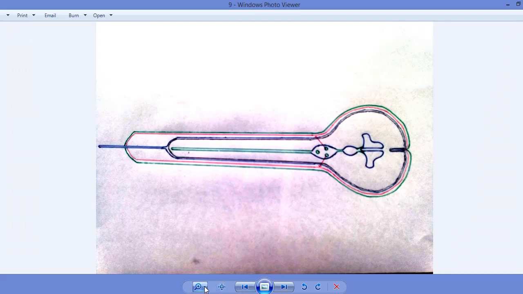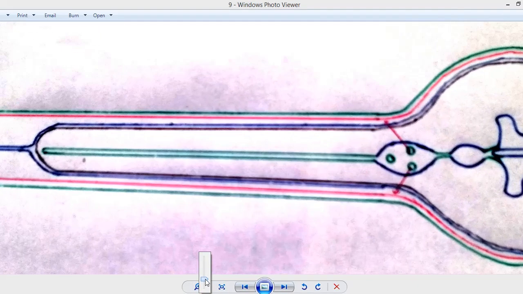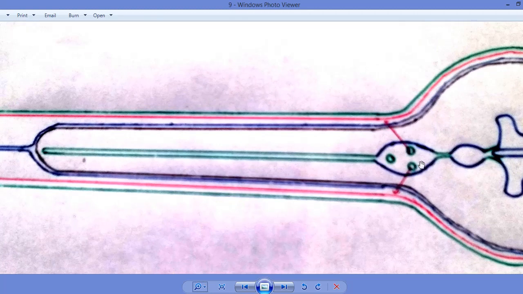In this diagram, we can see that the cerebrospinal fluid is transferred from the fourth ventricle to the subarachnoid space.